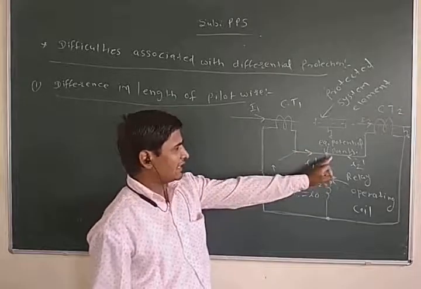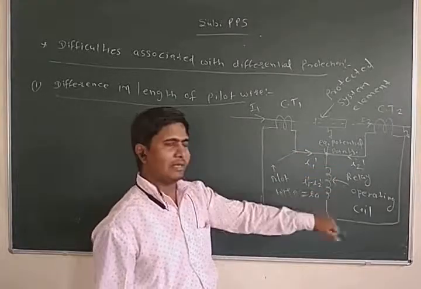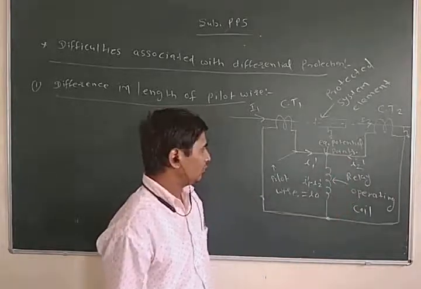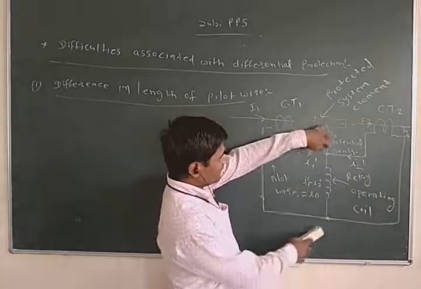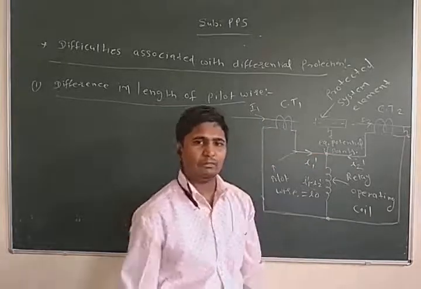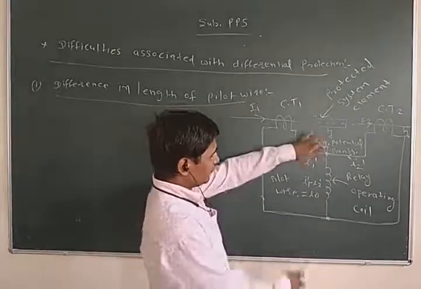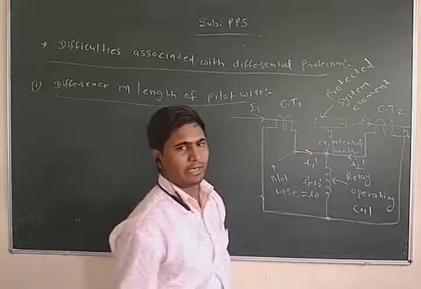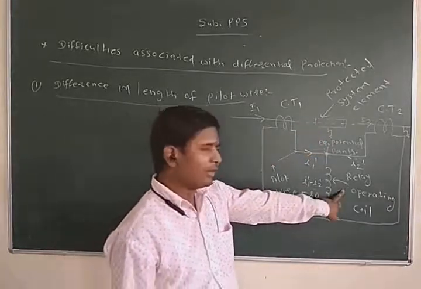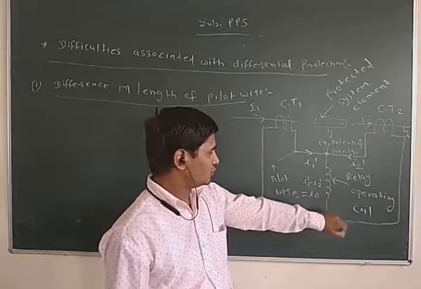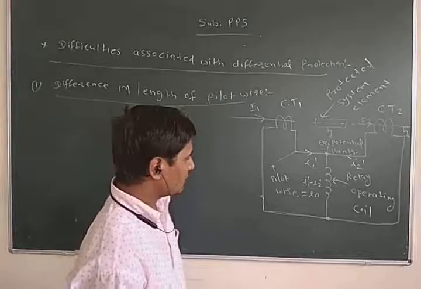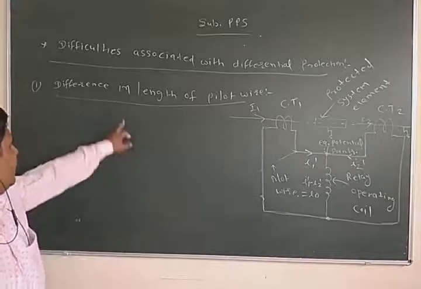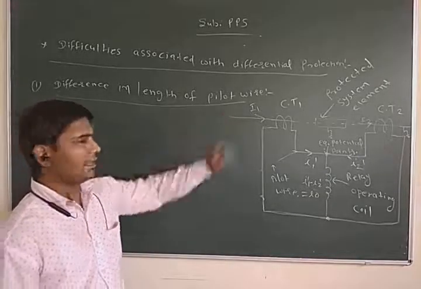Now, if there is a slight difference in the length of the pilot wire, then the equipotential points will shift, or we can say the potential across the relay operating coil will not be equal. So there will be a potential difference across the coil and a current will flow in the relay operating coil, due to which the relay may operate falsely. So this is the difficulty of difference in length of pilot wire.